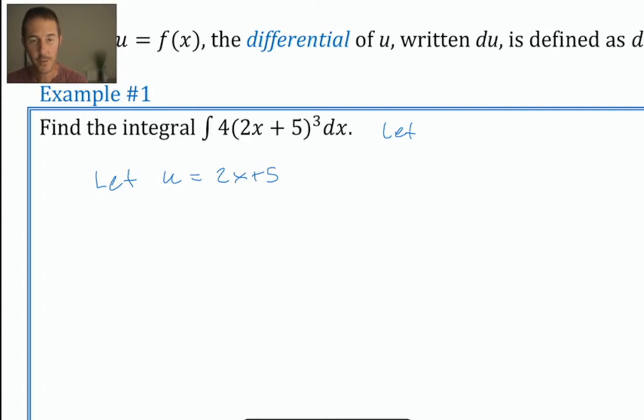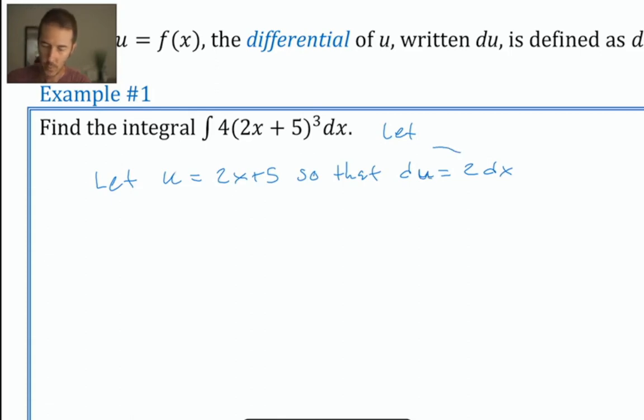And then I'm going to take the derivative of the 2x plus 5, so that du equals 2 dx.